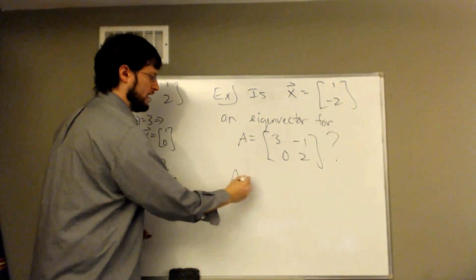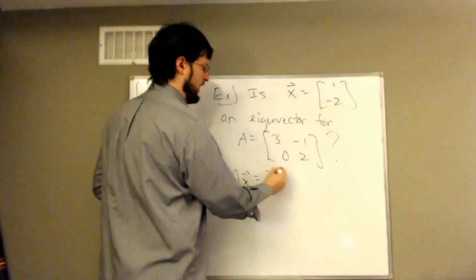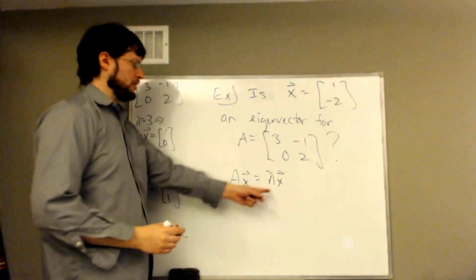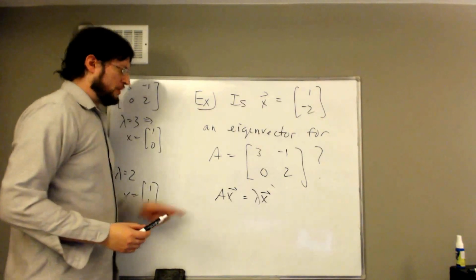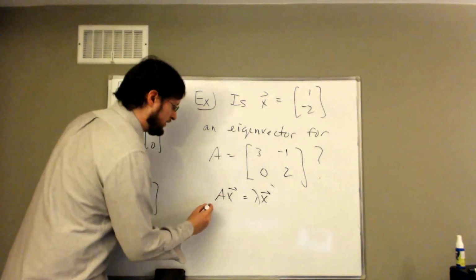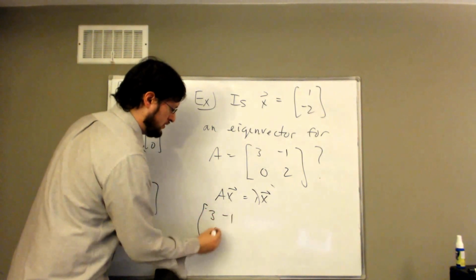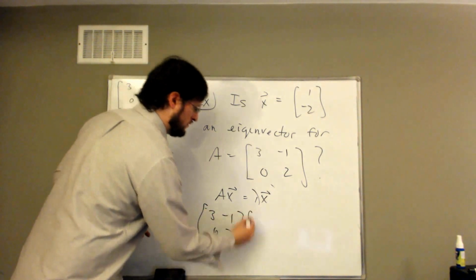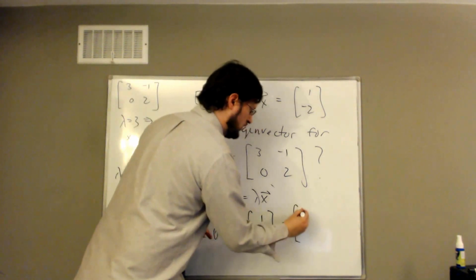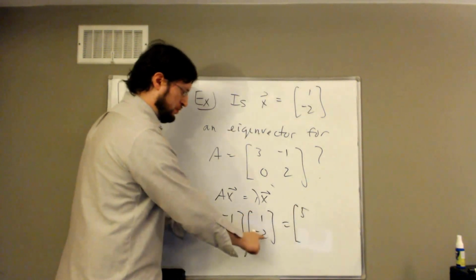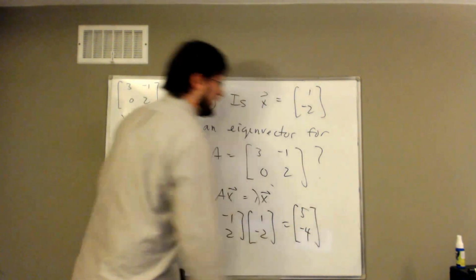We're looking at, is Ax equal to lambda x for any possible lambda, but we can figure that out pretty easily. By simply calculating A times x, we find that the product is 3 plus 2, which is 5, and 0 plus negative 4, which is negative 4.